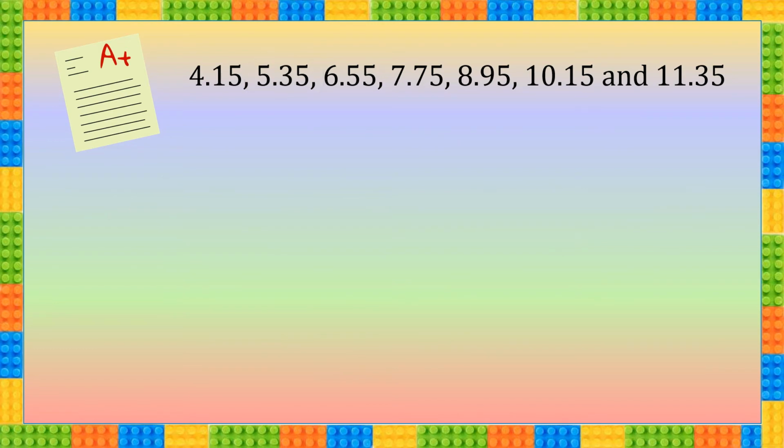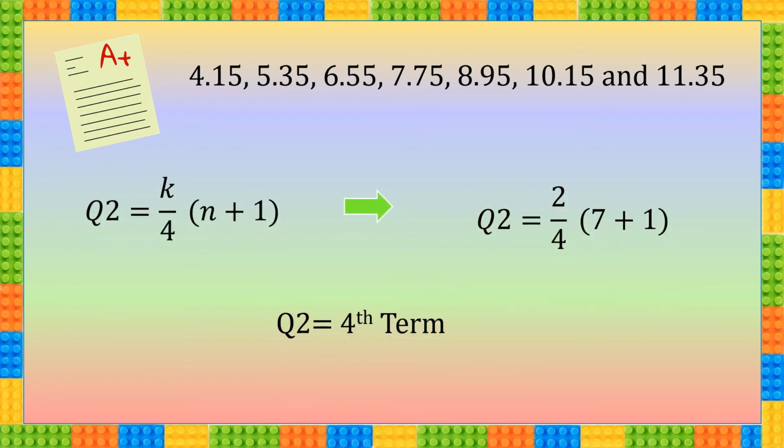Next is quartile 2. We will just apply the same procedure. So the answer is 4, or the fourth position. We will again count 4 from left. 1, 2, 3, 4. 7.75 is our second quartile.